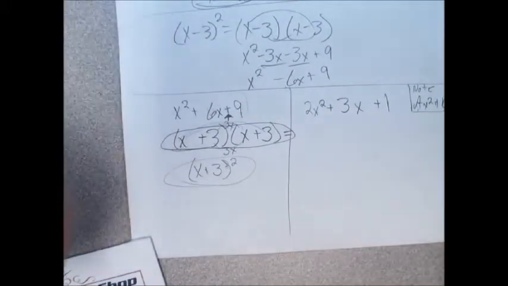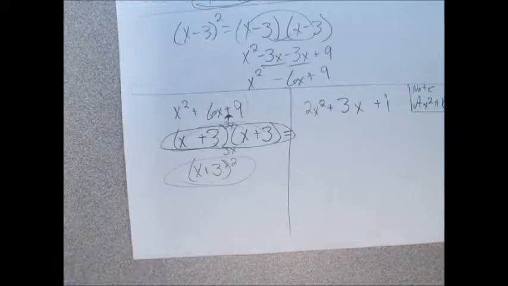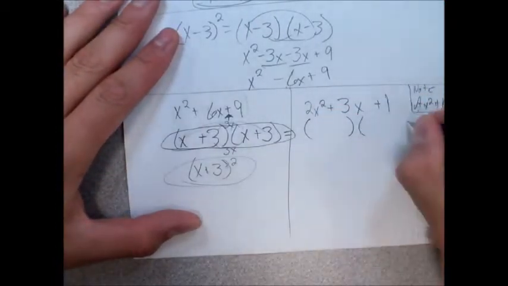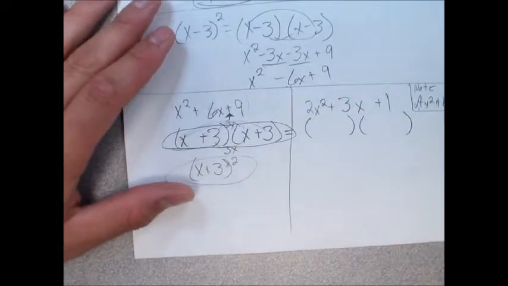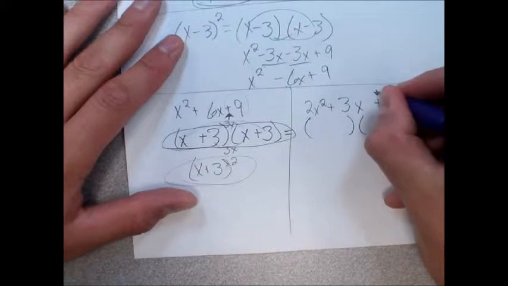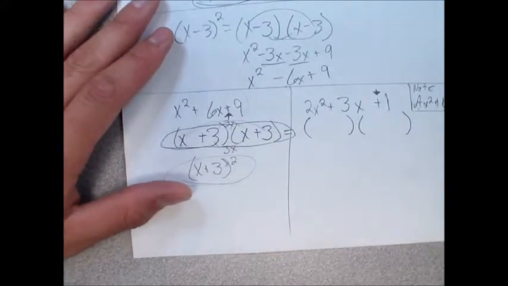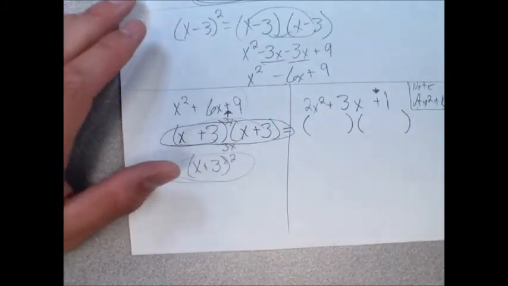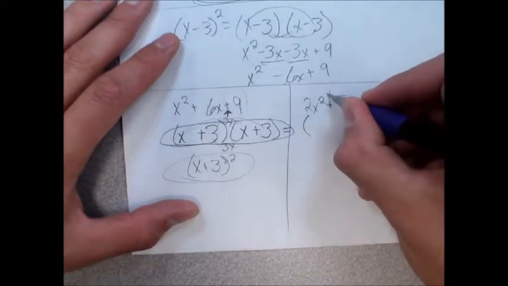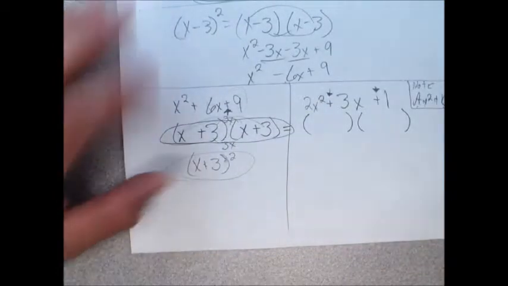So I set up what I know first. Set up what you know first. I know that I'm going to have 2 sets of parentheses. And then I look at my back sign right here. What does that tell me? Same sign sum. What does this sign right here tell me? Both of them are going to be plus.